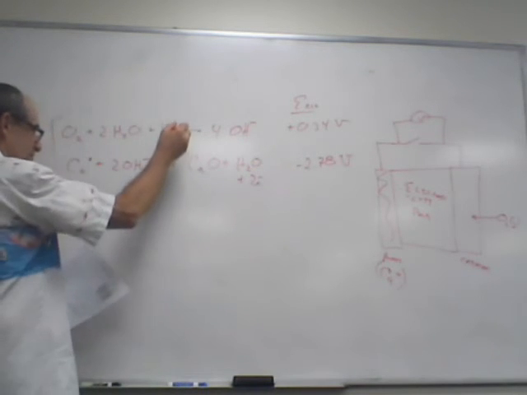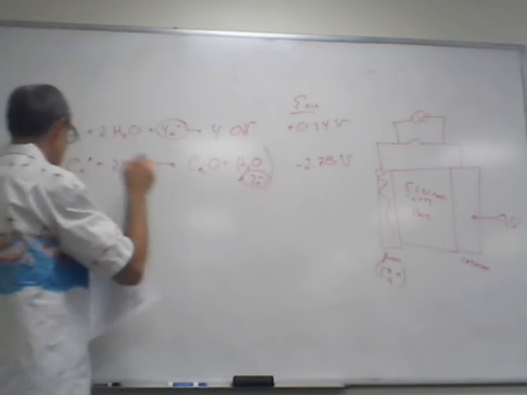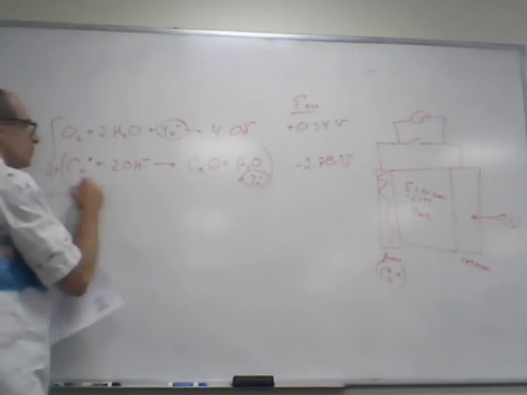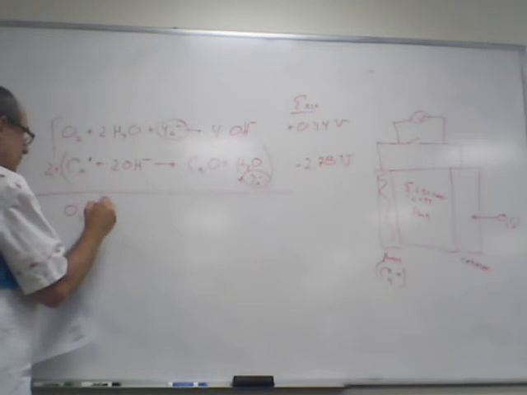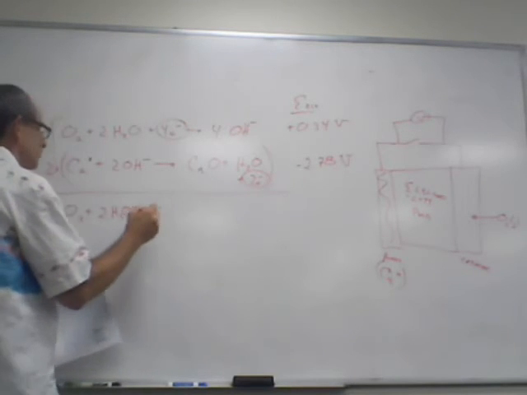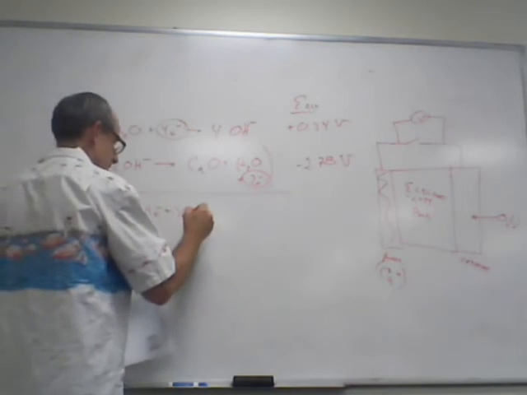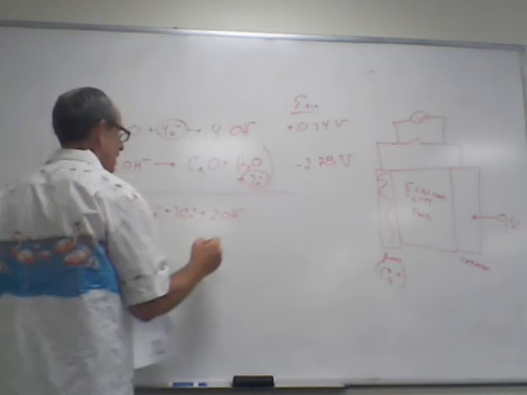We're going to combine these 2 half reactions. I've got 4 electrons being gained and 2 electrons being lost, so I'll multiply this by 2, and that is going to give me O2 plus 2 H2O plus 4 electrons plus 2 calcium atoms plus 2 hydroxide ions.